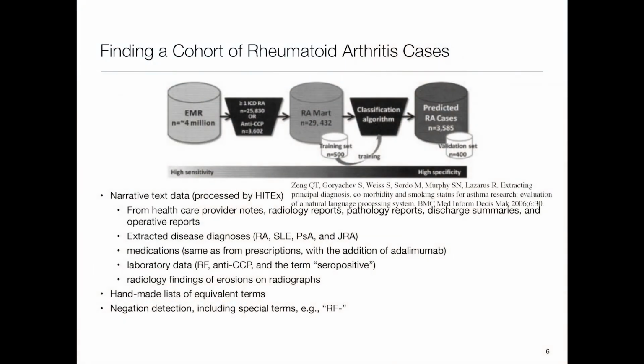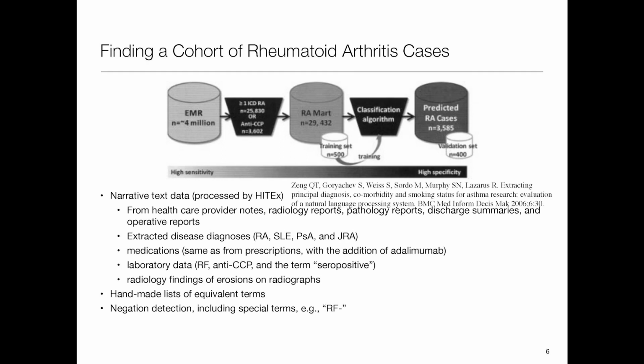And then for the narrative text, we used a system that was built by Qing Zheng and her colleagues at the time. It was called HITEx. It's definitely not state-of-the-art today, but this was a system that extracted entities from narrative text and did a capable job for its era.